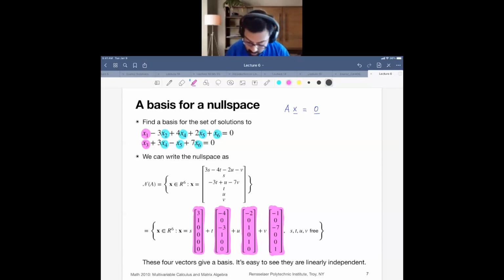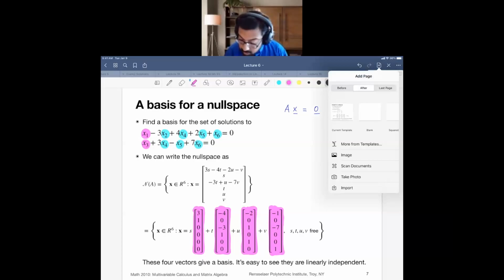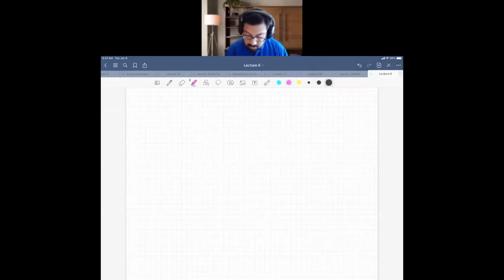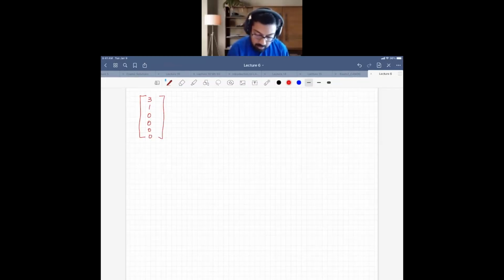So let's see whether they are linearly independent or not. I will add a page here and define these vectors. The first vector in my basis was 3, 1 followed by 4 zeros. The second vector was -4, 0, -3, 1, 0, 0.